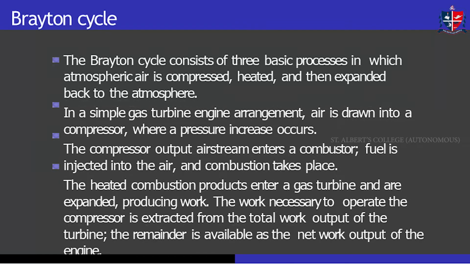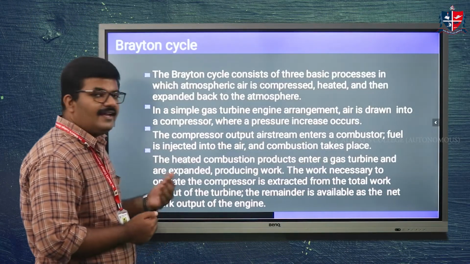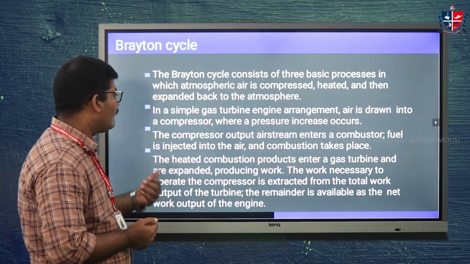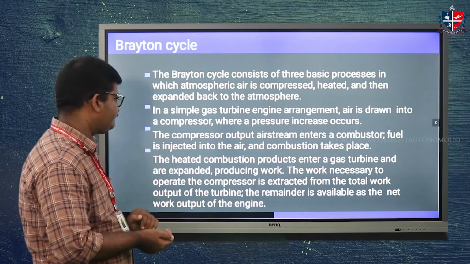In the Brayton cycle, we use atmospheric air as the compressed fluid for the working of the gas turbine system. Usually, the gas turbine consists of a compressor where the pressure increases.